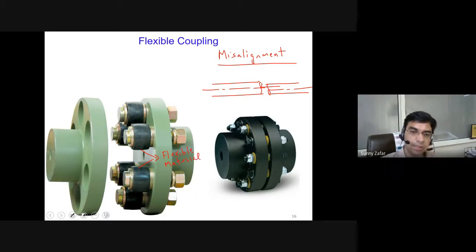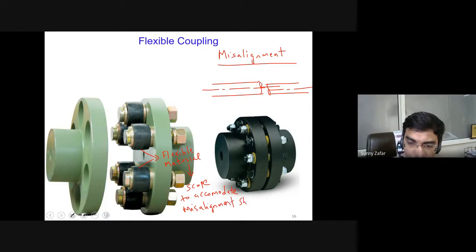Now, when you lock this type of bolts with the nuts, what happens? This flexible material will give some scope to accommodate the misalignment in the shafts. So misalignment in the shaft will be accommodated because of the presence of this flexible material on the bolts.